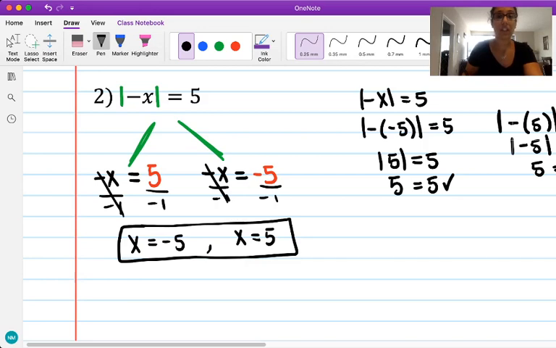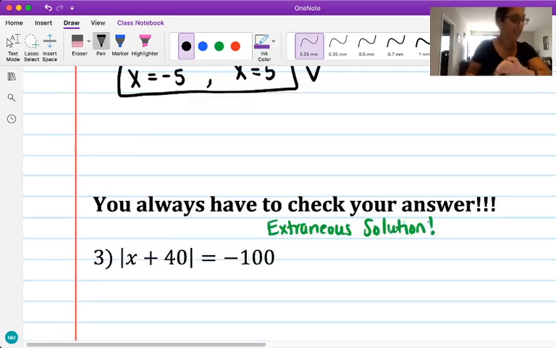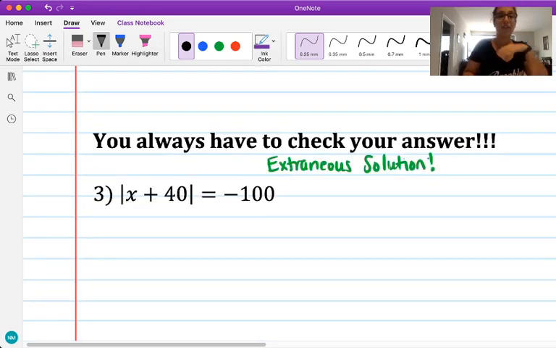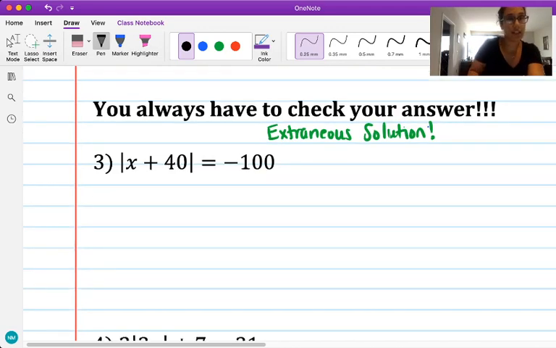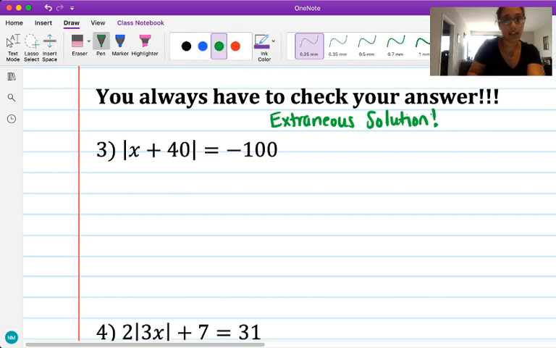We're golden. Okay, so what about something like this? If I have the absolute value of x plus 40 equal to negative 100, I'm going to do the same process. It is already isolated, and we're going to talk about it when it's not isolated. So we just split into 2.